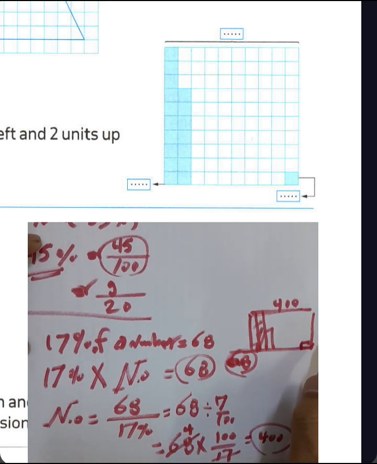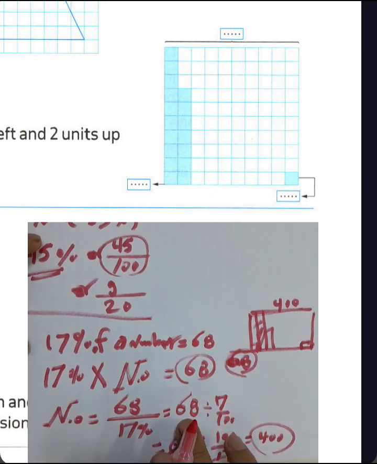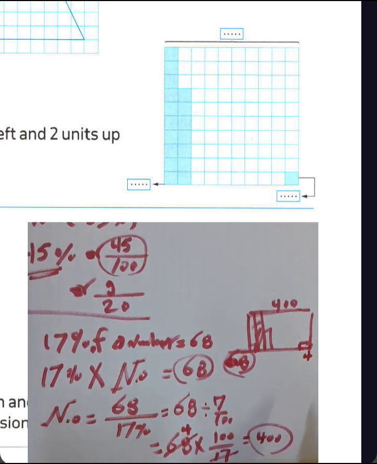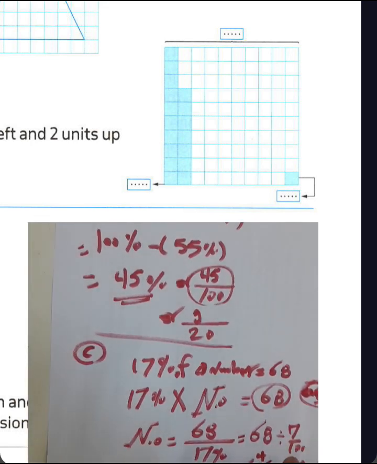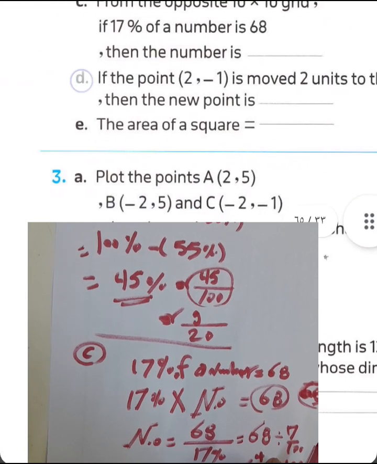Each one here refers to 17%. And we know the result here is 68 divided by 17 equals 4. Okay, and we have the total number from the result. Then the result here will be 400.